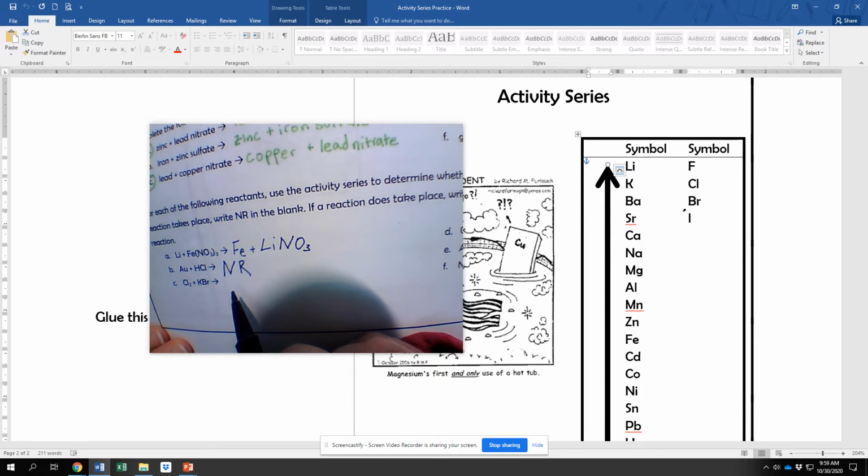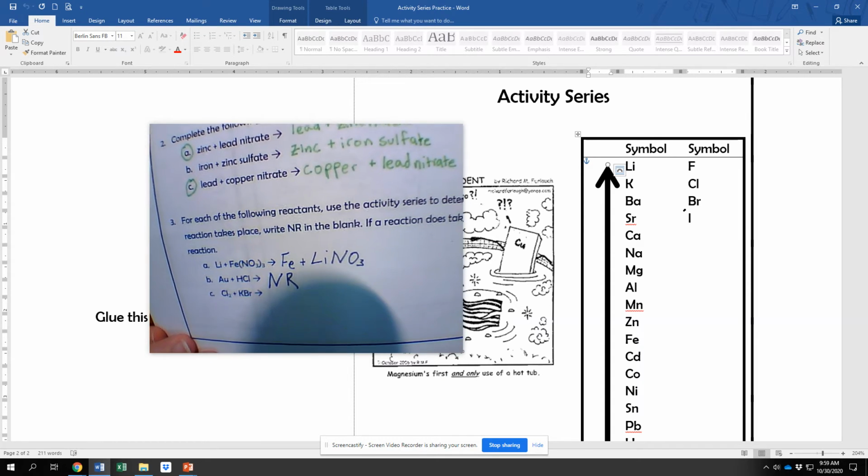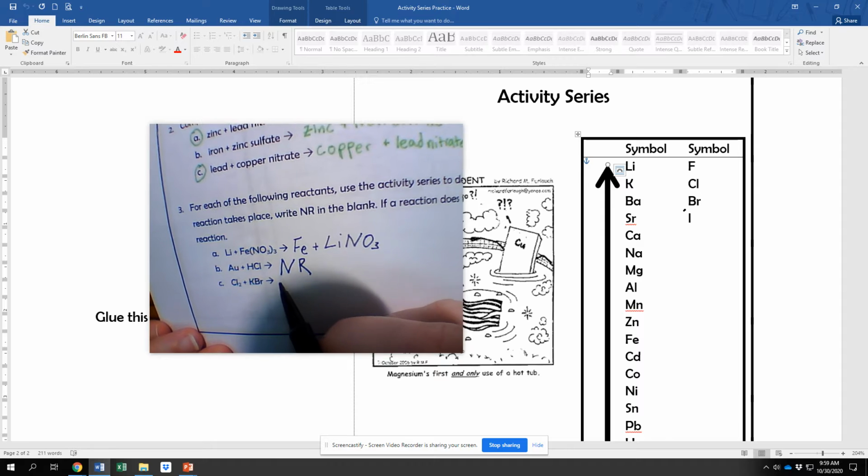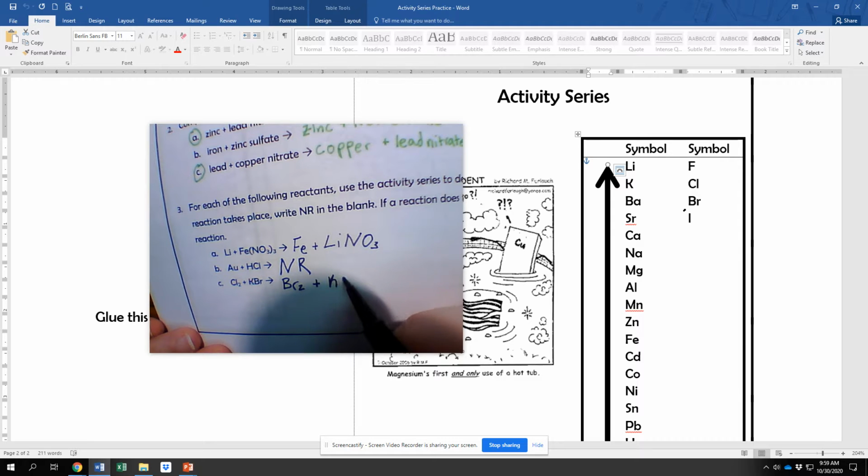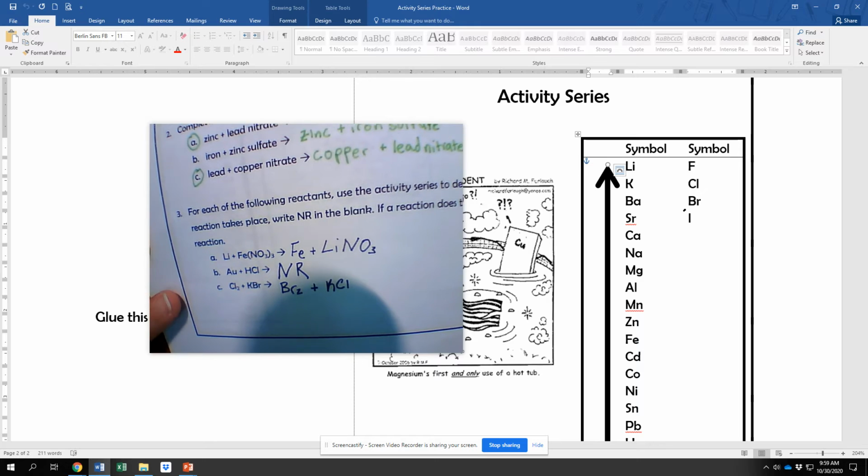So it's going to look exactly the same. It's just we're going to switch Cl and Br. So we would write Br2 and KCl. Right? Because bromine is diatomic, meaning it's got 2 atoms. Potassium is always 1 plus. Chlorine will be 1 minus. That's a 1-to-1 ratio.